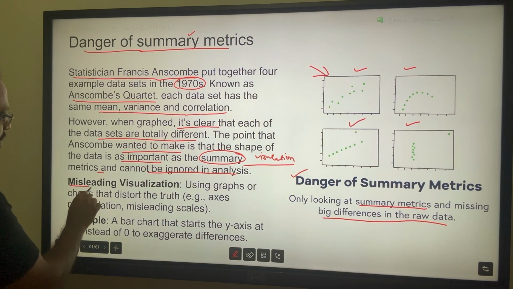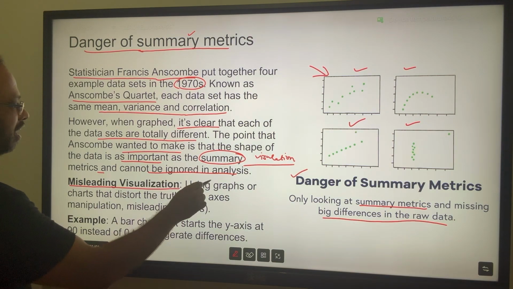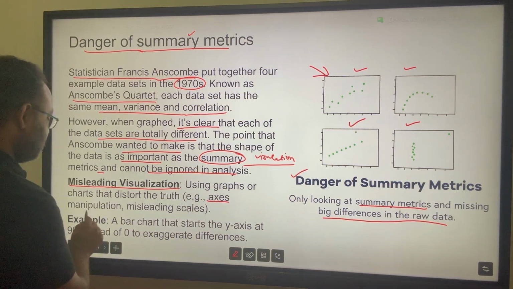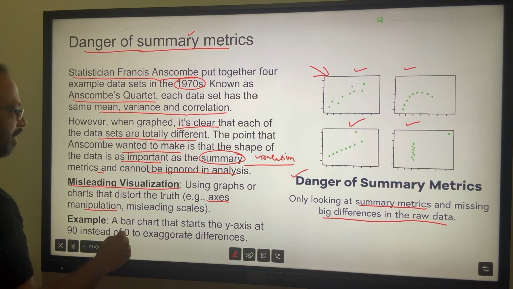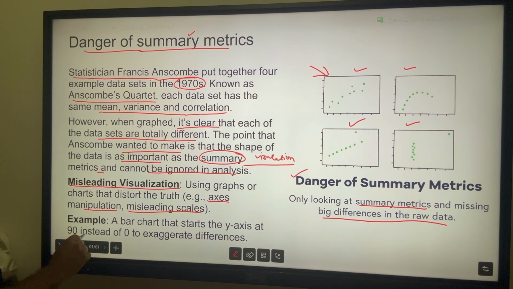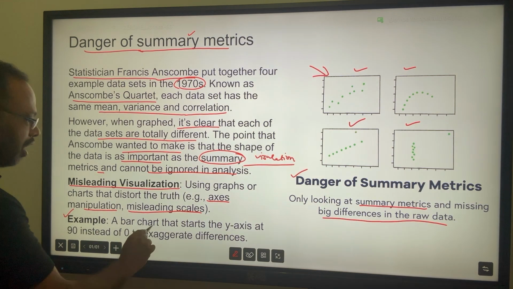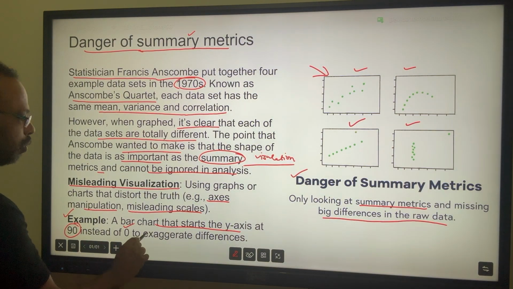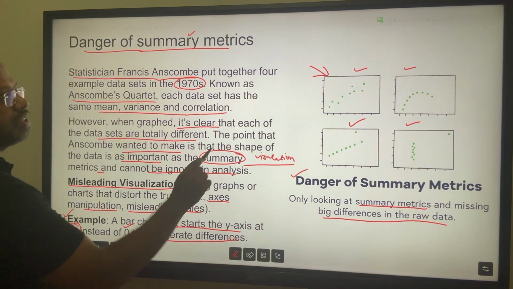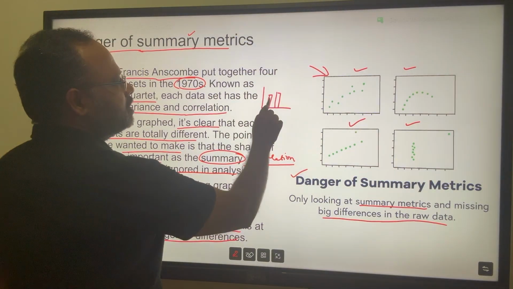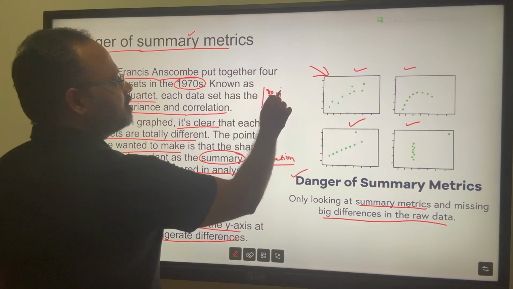That is also misleading visualization. So using graphs or charts that distort the truth. For example, axis manipulation can lead to misleading interpretations, and misleading scales can also cause misleading visualization. Most commonly, a bar chart that starts the y-axis at 90 instead of 0 to exaggerate the differences. That is, let's say the BP difference is 90 and 100, this is 90 and this is 100.